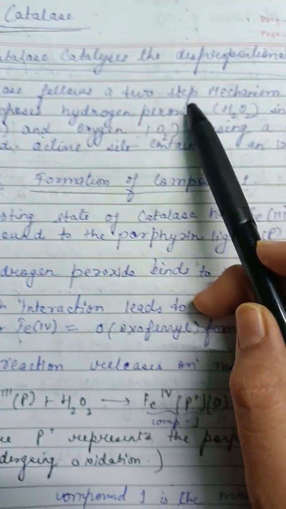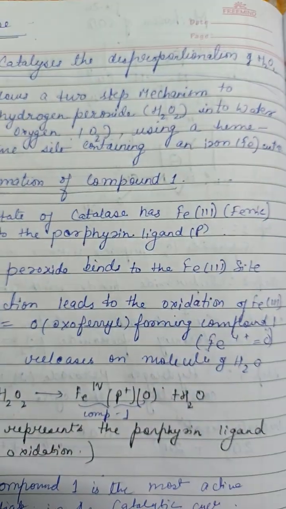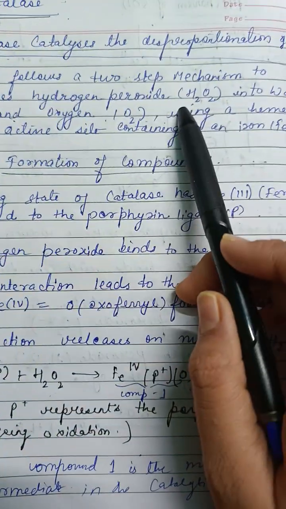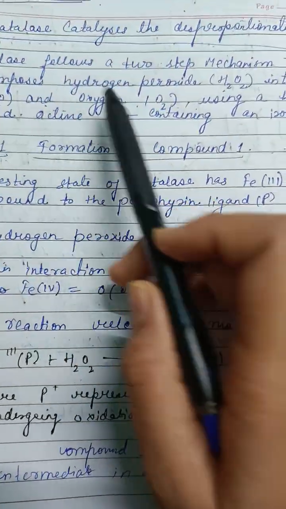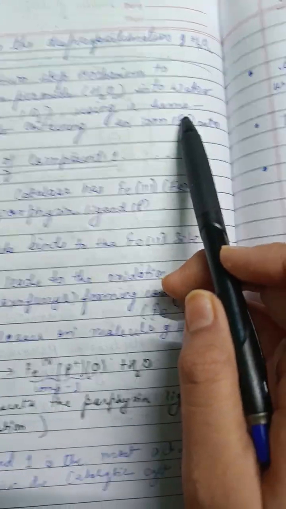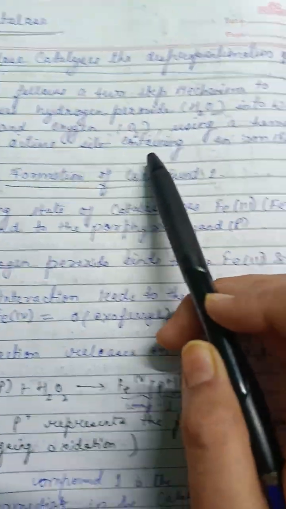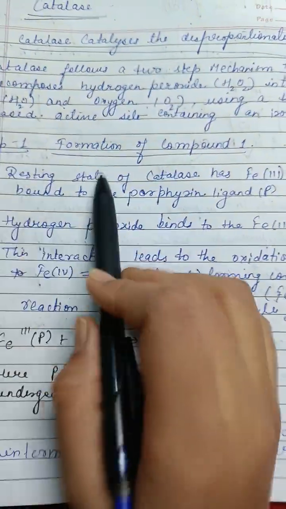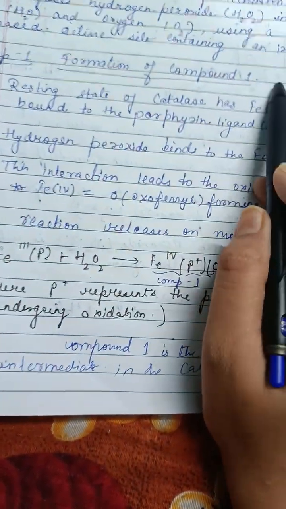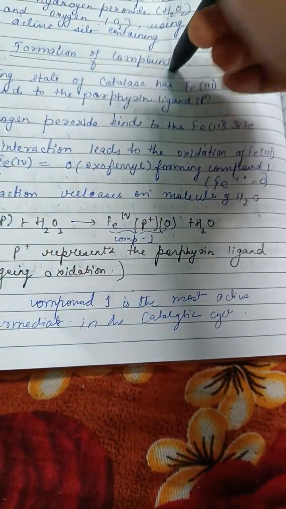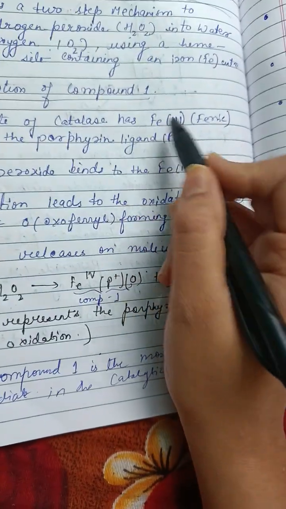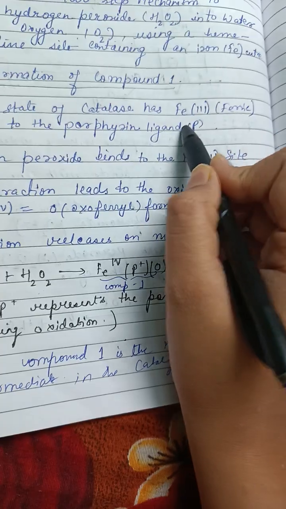Catalase follows a two-step mechanism to decompose hydrogen peroxide into water and oxygen, using a heme-based active site containing an iron center. Step 1, formation of compound 1. Now what is this compound 1? The resting state of catalase has Fe3+, known as ferric, bound to the porphyrin ligand.